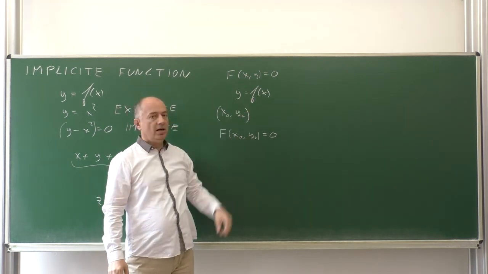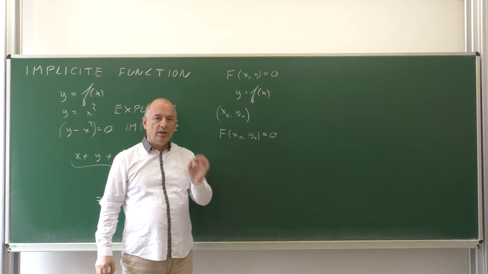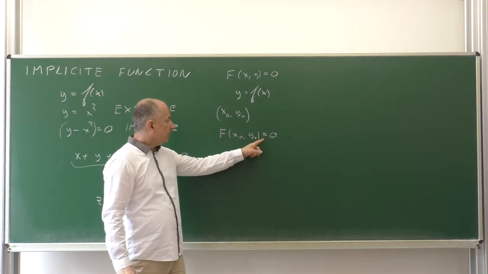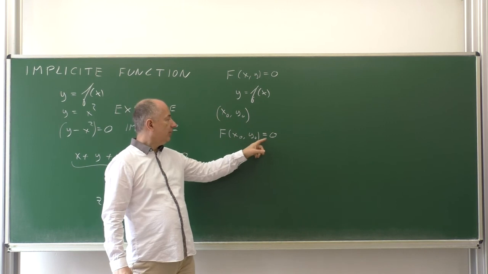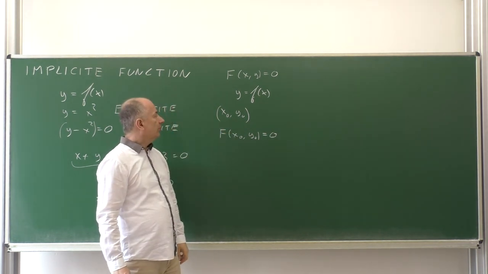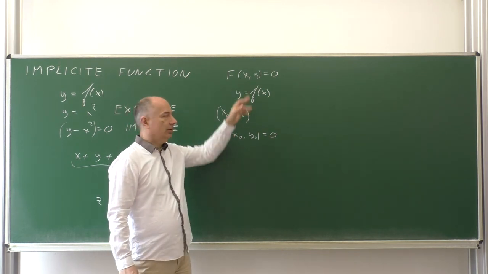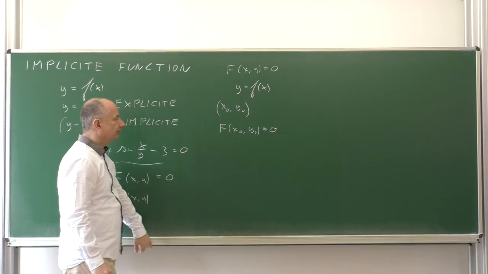Here x and y are variables. Here x0, y0 are two numbers, two values. So this is a number, and if it is equal to 0, we say that this point satisfies this equation, or the point lies on this curve, if it is a curve.